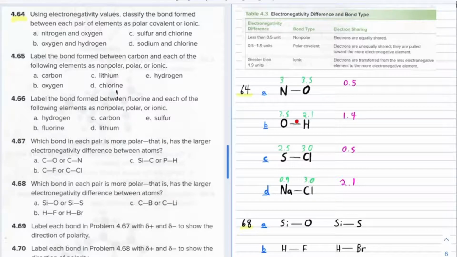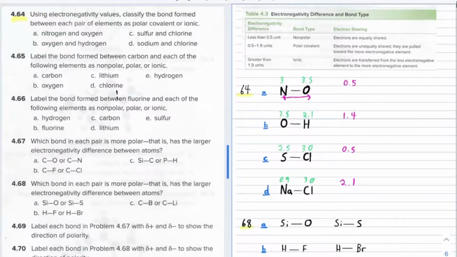element. So starting at A, this one is 0.5, so that falls in the polar region. And the electrons are being pulled towards the more electronegative element, and so that's towards the oxygen. We'll draw the arrow that way.